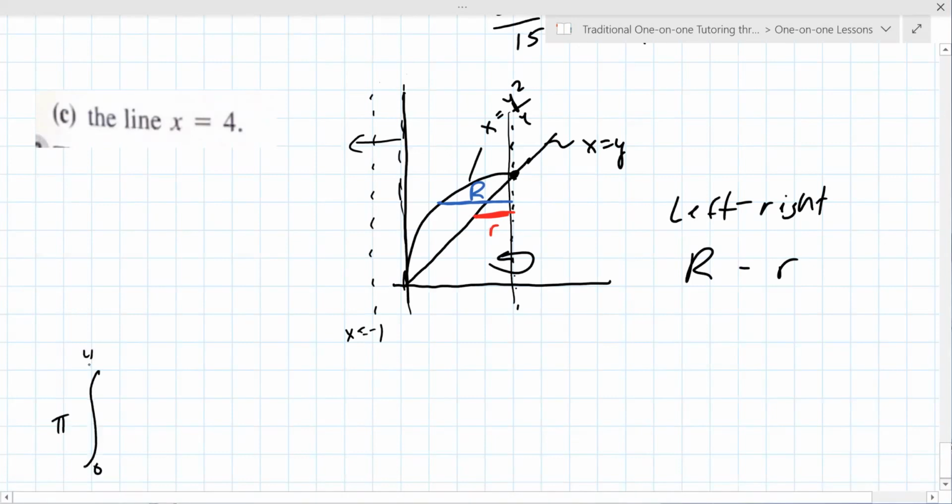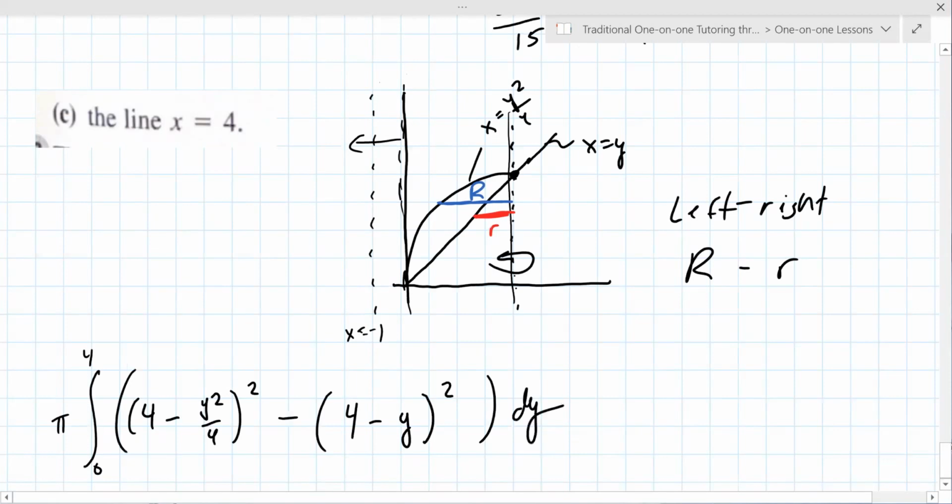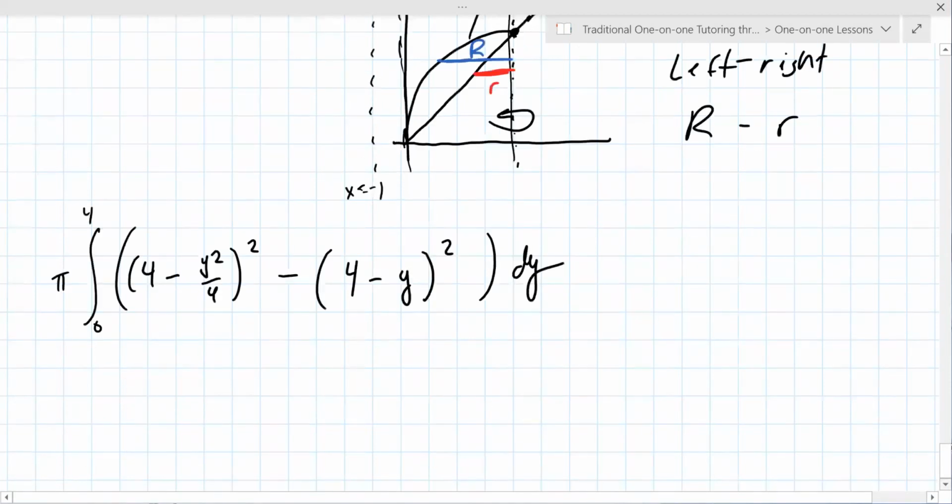So we're going from 0 to 4, and big R is 4 minus y squared over 4, squared, and little r is 4 minus y squared, dy. So 4 minus y squared over 4 squared.